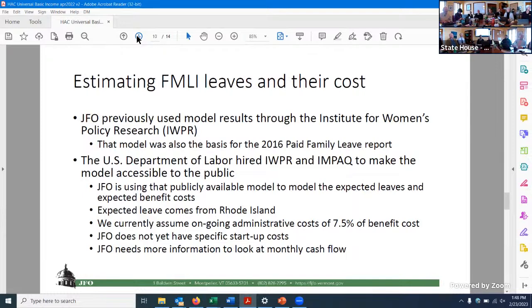It is true that in the bill, there's an annual report back to the legislature that would say, here's what we're looking at based on experience. This is what we see. Are we adequately funding the program? Do we see that people are taking more or fewer leaves than expected? So there would be that chance for a check back.